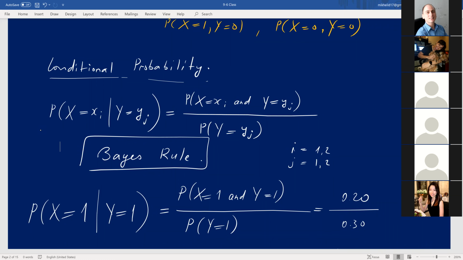For example, i could range from 1 to 3 if you had 3 possible outcomes in x. j could range from 1 to 5 if you had 5 possible outcomes in y. Let me postpone this for the future. But you're right, i and j are standard notations for the number of outcomes or the ordering of the outcome.